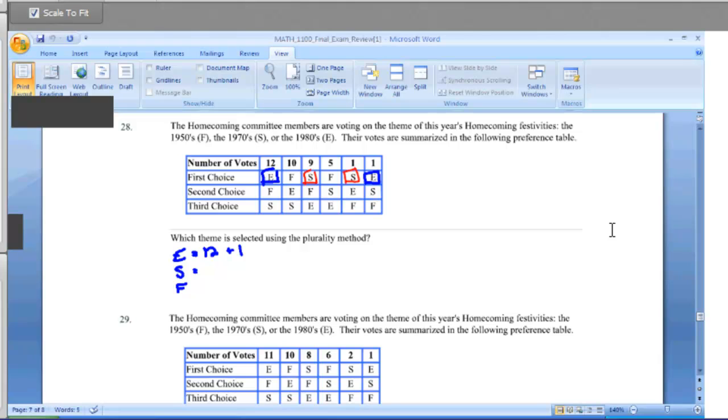So we have the 70s being ranked first in those 2 columns, so 9 and 1. And then for the 50s, we have 10 and 5. So we ended up with 13, 10, and 15. So the 50s won if we use the plurality method.